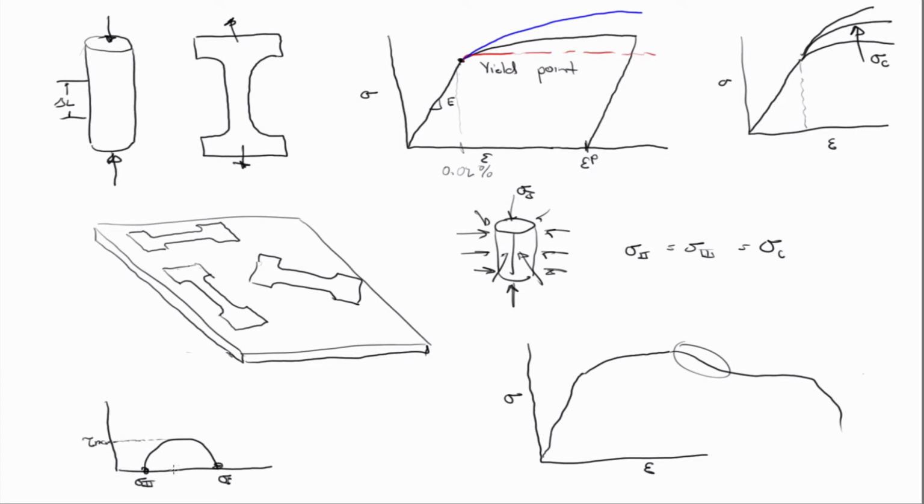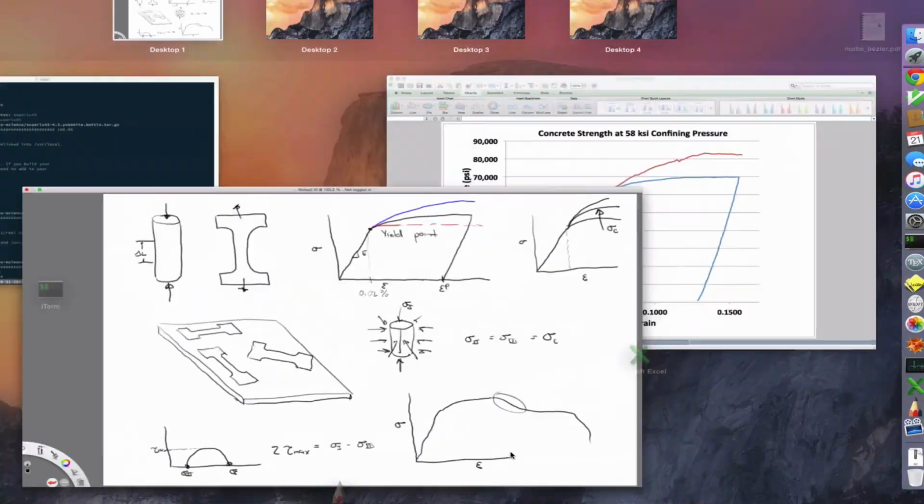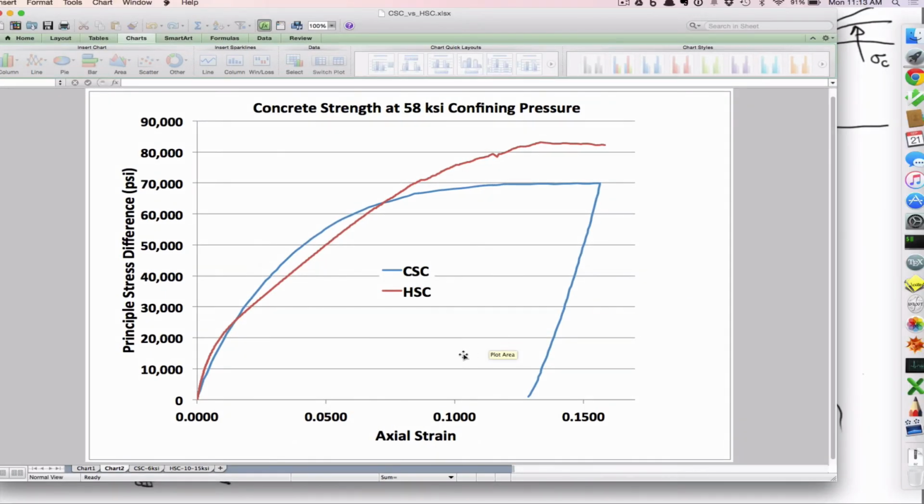So the distance sigma 1 minus sigma 2 is 2 tau max, so 2 tau max is sigma 1 minus sigma 2, or sigma 3, either one. That's really what you're looking at on this axis, 2 tau max. So it's a measure of the shear strength of the material: shear strength versus axial strain.